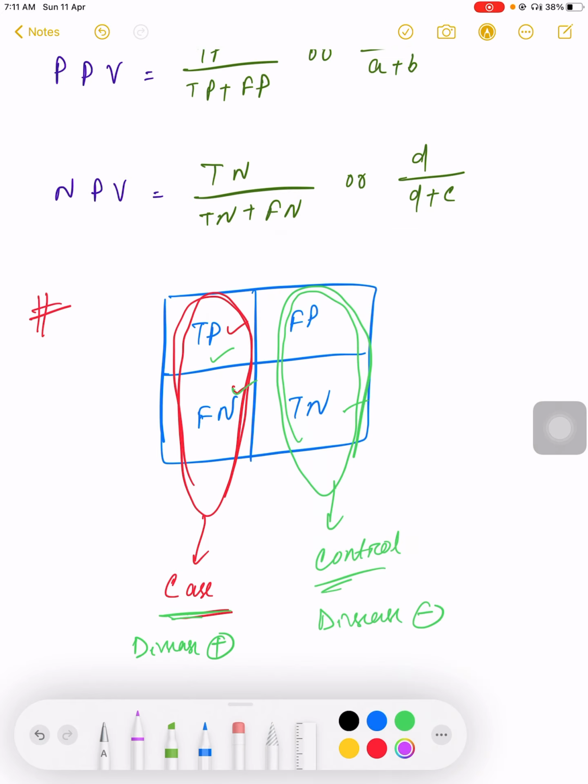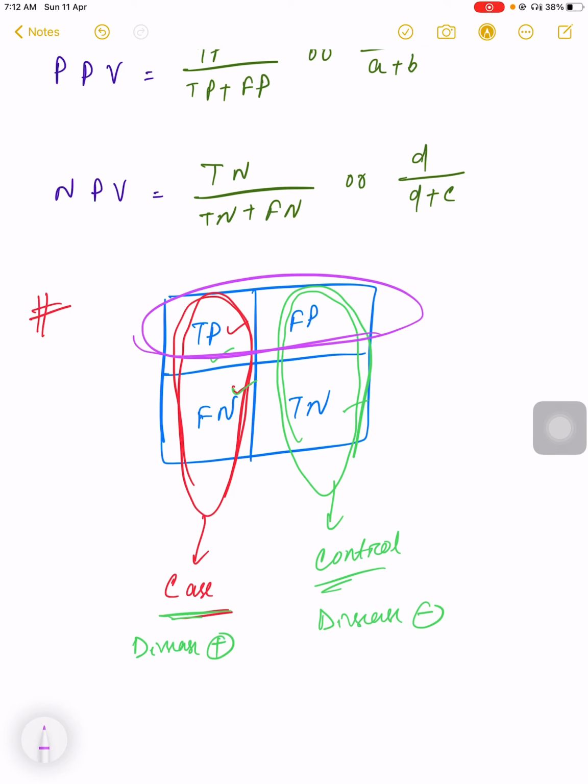And look, this true positive and false positive are the total number of positive cases after doing tests. True positive means truly positive, false positive means falsely positive by doing the diagnostic test.